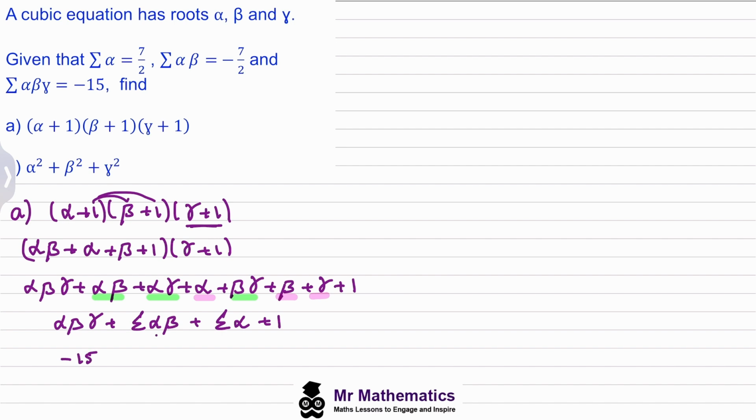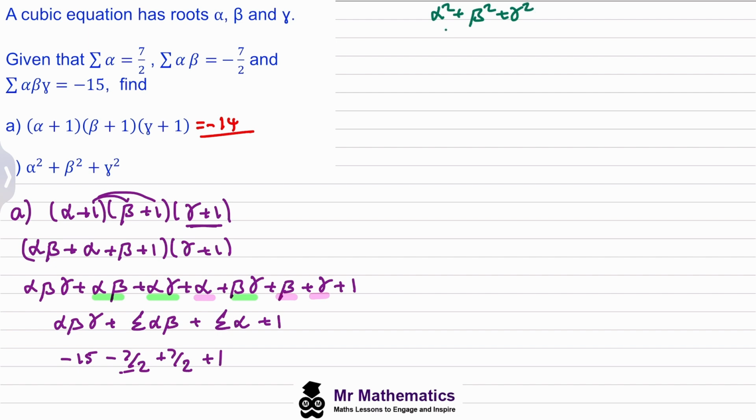We've been told that this value is -7/2, and the sum of the individual roots is +7/2. And then we add the 1. These two will cancel, so we're left with -15 plus 1. This will give us -14.